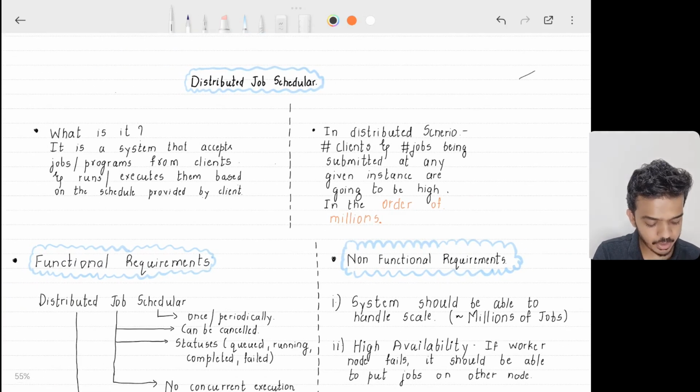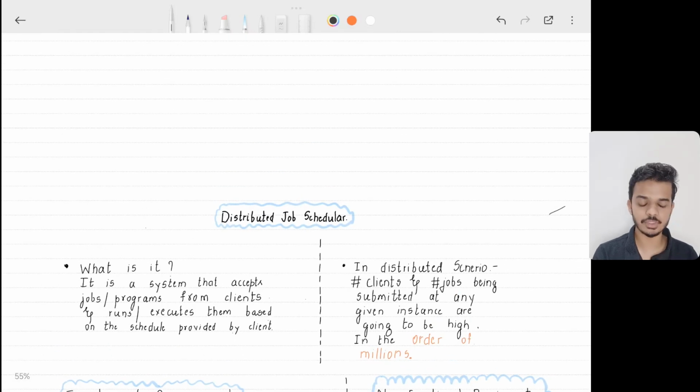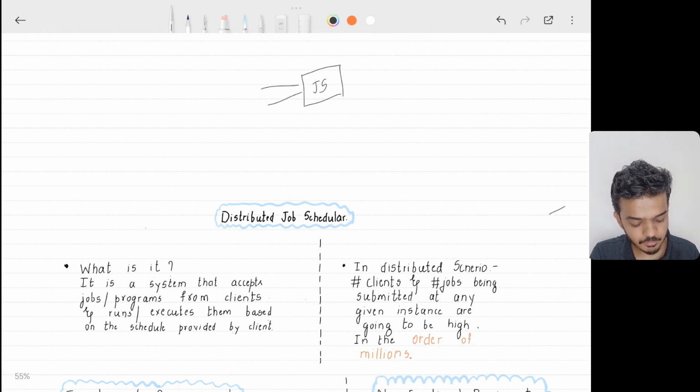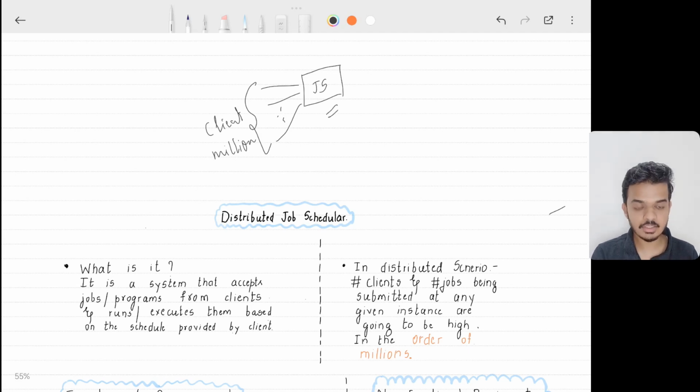Now in a distributed scenario, what will happen? This is a simple job scheduler, but what if there are millions of clients? In that case, a single machine, a single job scheduler won't be able to schedule the jobs.